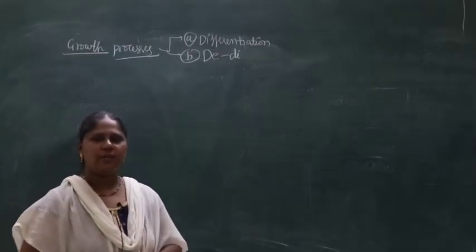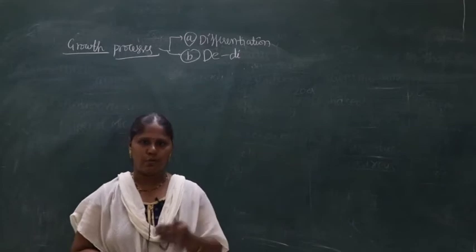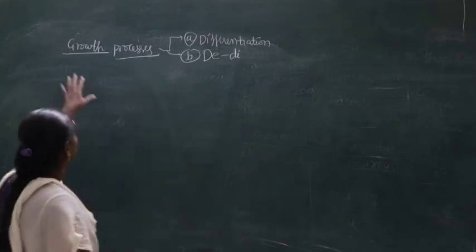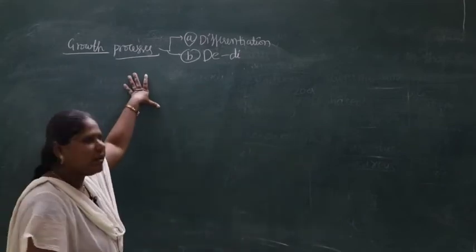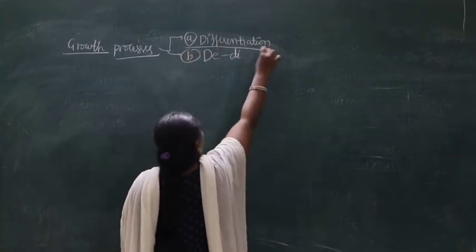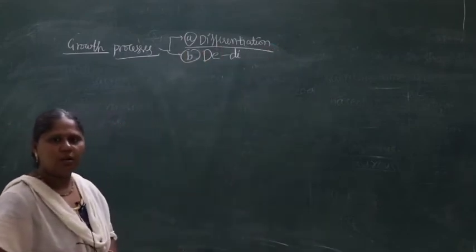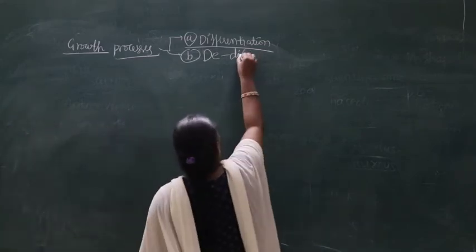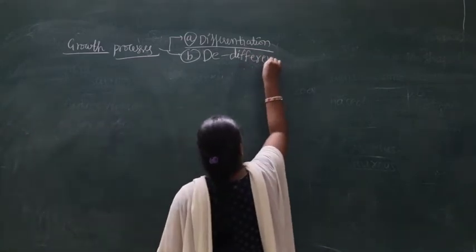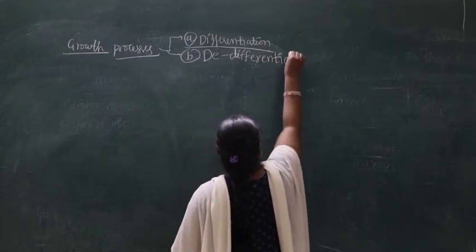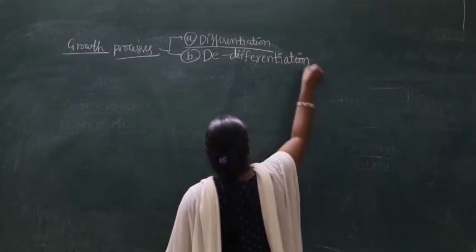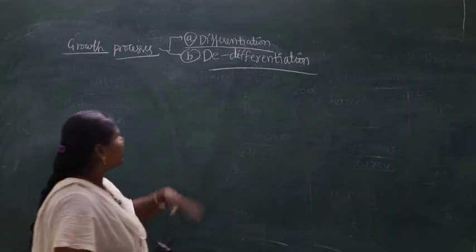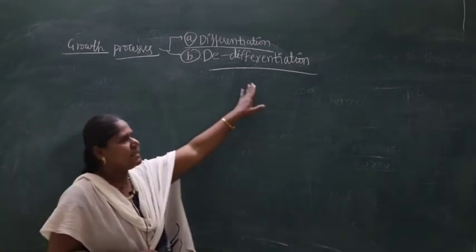Now in plant growth and development we are discussing growth processes. If you take the growth processes, what are the growth processes we studied? Differentiation. We studied the first phenomenon, it's called differentiation. What is the next phenomenon? De-differentiation.